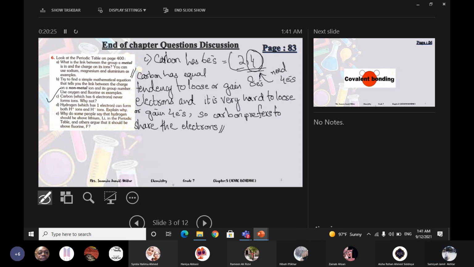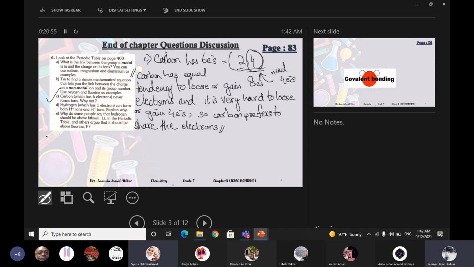And to gain also, it's difficult to find some atom to give 4 electrons to carbon. Both situations are very difficult, so carbon prefers the easy thing. It prefers to share. Teacher, in covalent bonding, we share, right? We don't gain or lose? Yes, share.